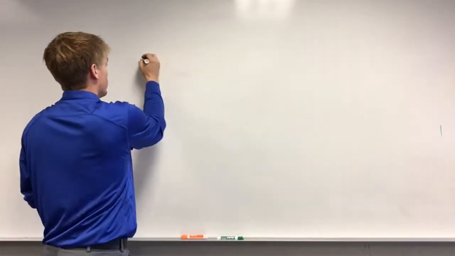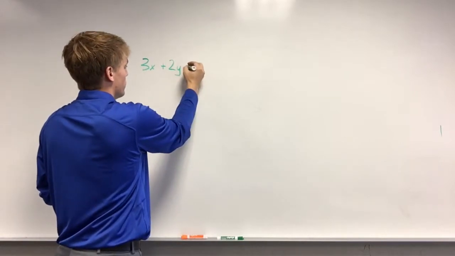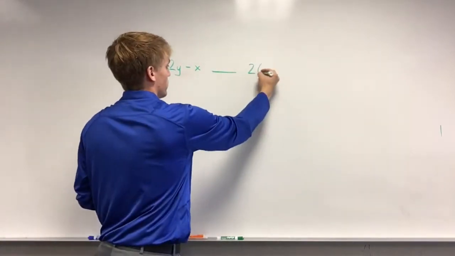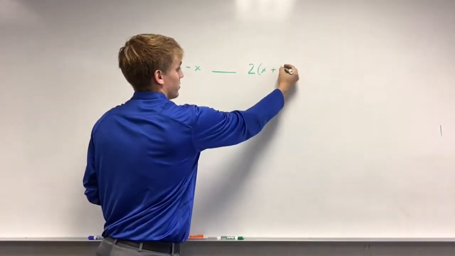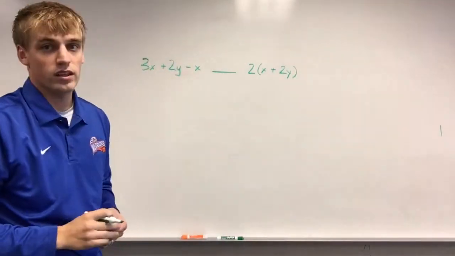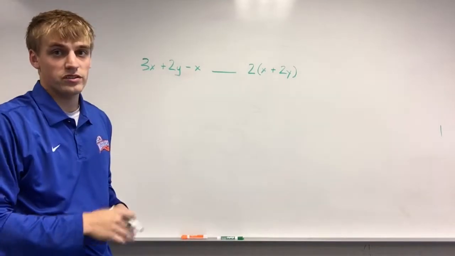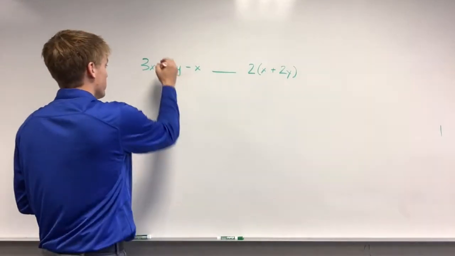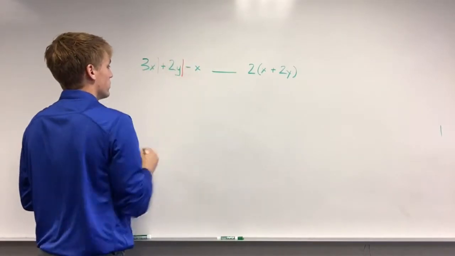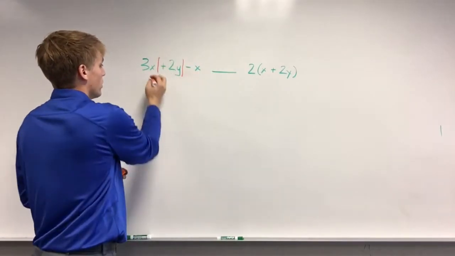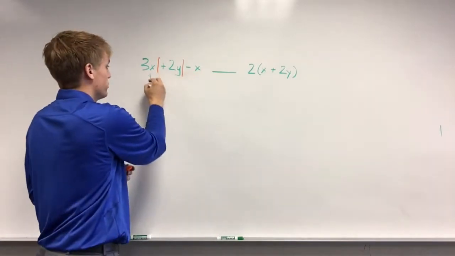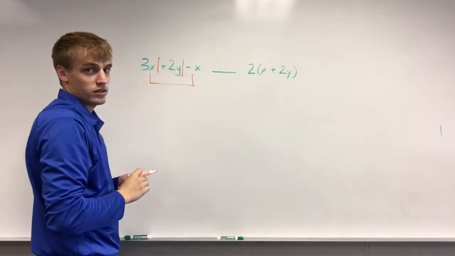We have the expression 3x plus 2y minus x equals 2x plus 2y. So we have to simplify these expressions on both sides. On the left side, we're going to split it into terms, and we're going to take 3x minus x, because these two terms are alike.